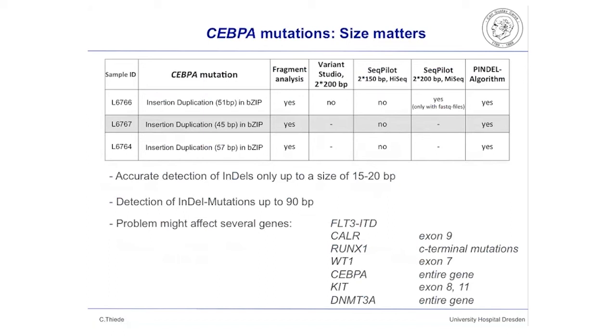So when you're looking at InDel mutations, especially the longer ones, and here's a number of genes which are frequently mutated in myeloid malignancies, FLT3 mutations, RUNX1, WT1, CEBPA-alpha, also in KIT or in DNMT3A, you can see these alterations, and it might be difficult to detect them. You have to be aware that you can have underrepresentation of these mutations due to the fact that they are not detected.